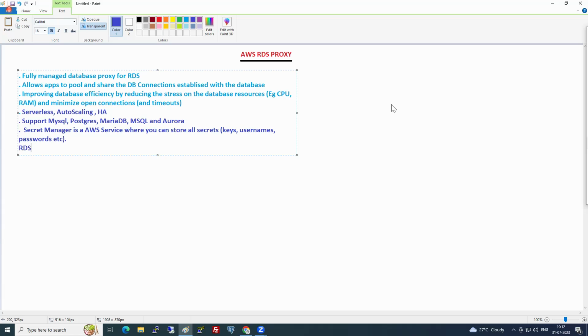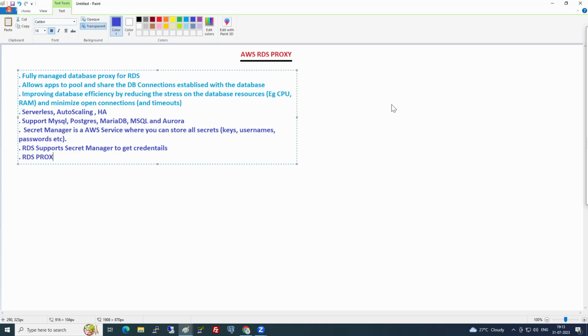So RDS supports Secret Manager to get the username and credentials. And will you keep this RDS proxy public or private? Remember, this RDS database should always be private. No chance you should make it public.